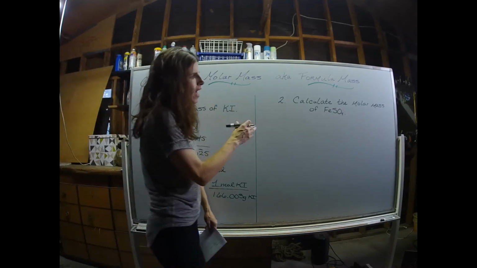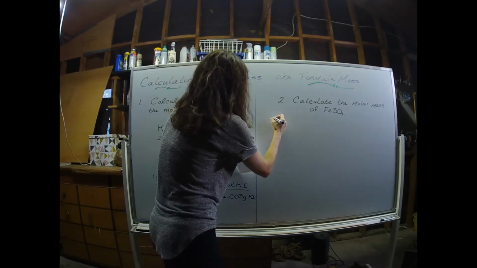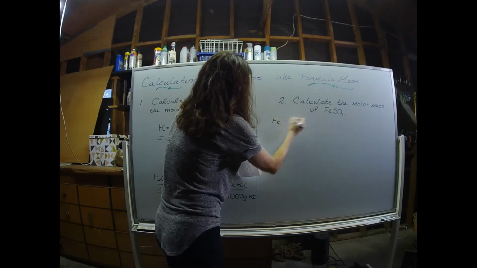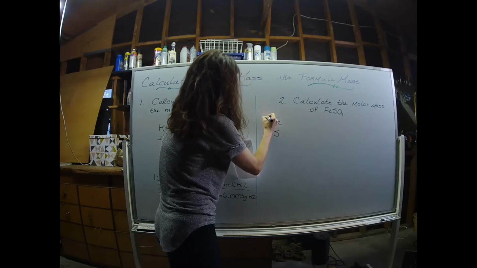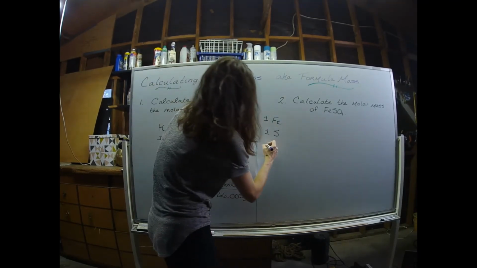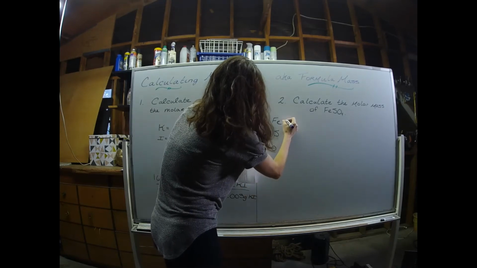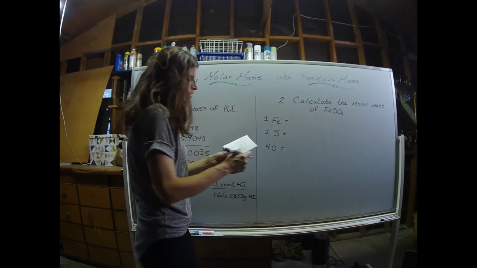So here we have iron 2 sulfate. It's got 1 iron, 1 sulfur. I'll put some 1s out front. And 4 oxygens. So it's going to look very similar to the previous one. I'm going to look up the molar mass of iron.